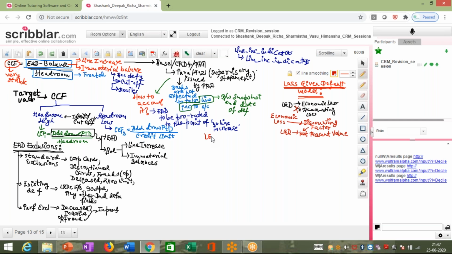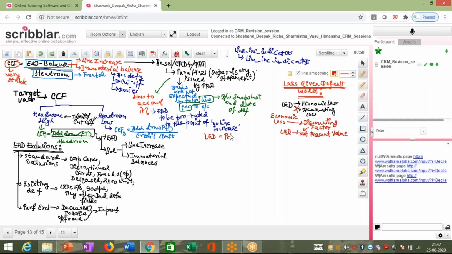The first is principal loss. The term principal is more relevant towards your loans product, but when I say principal loss, I mean loss of balance in a credit card product. That's the principal loss.